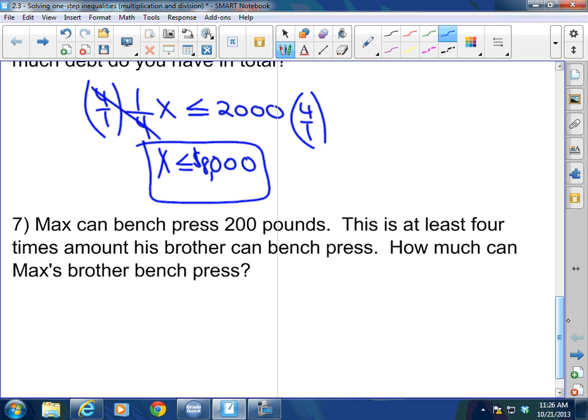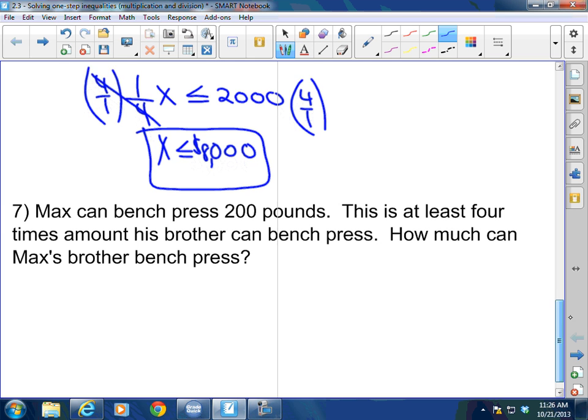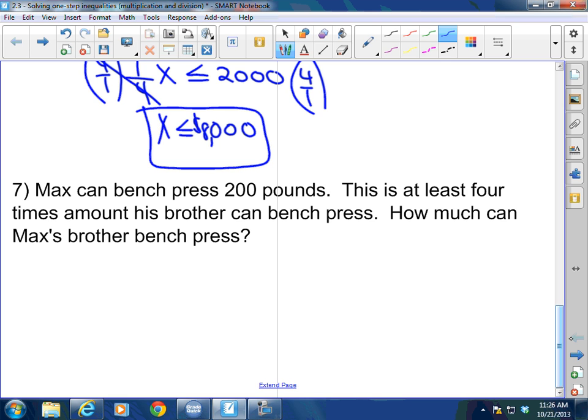Now let's think about this. Let's think about what the words are. Max can bench press 200 pounds, right? But then it says, this is. What is the this? The 200 pounds is the this, guys.